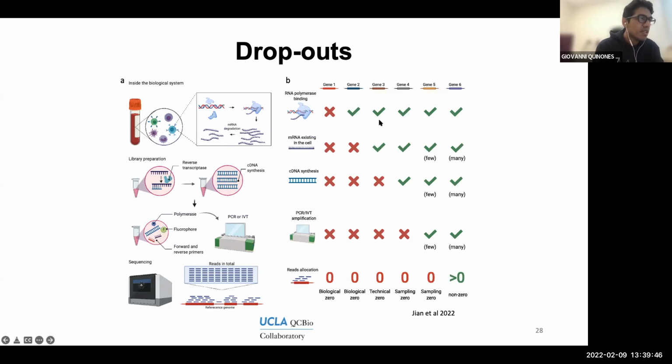So if your gene was expressed and not degraded, it's also possible that the conversion to cDNA was not successful. And in this case, we get a zero measurement. However, this is a technical zero, because it has nothing to do with the biology of the cell. It has to do with our protocol, our library preparation.